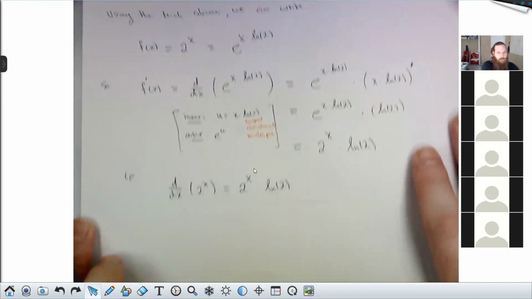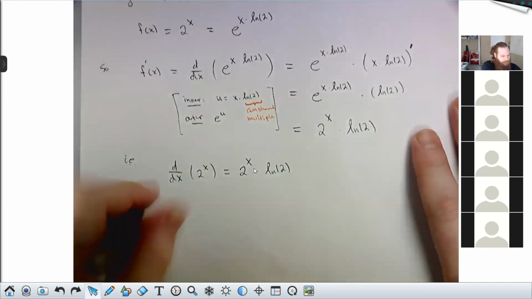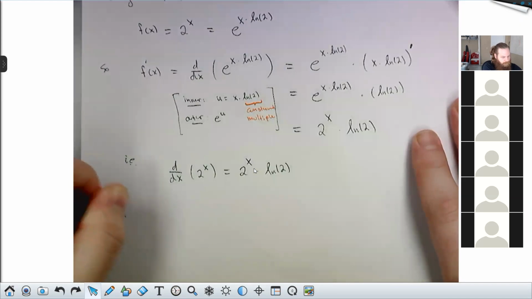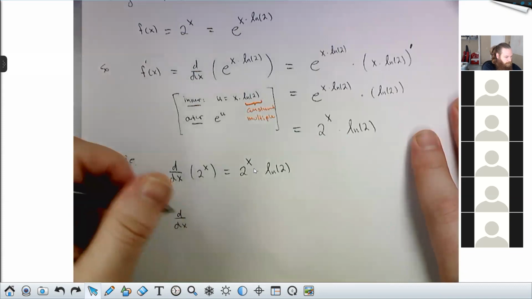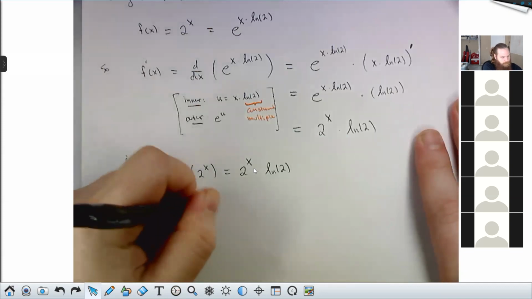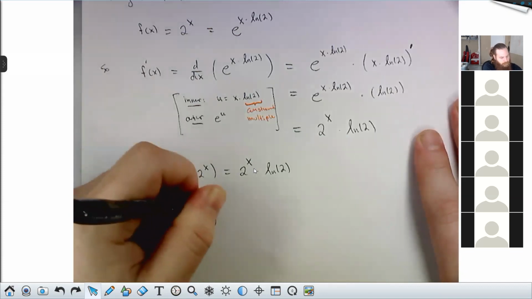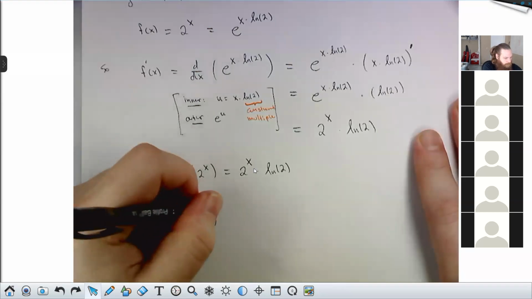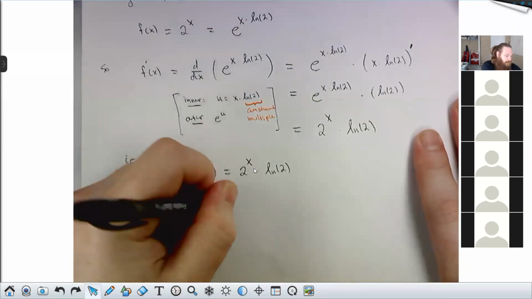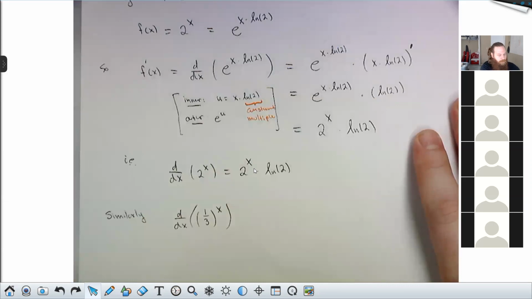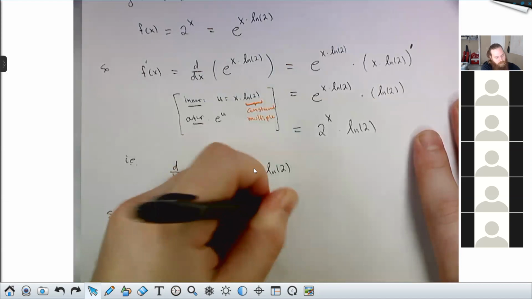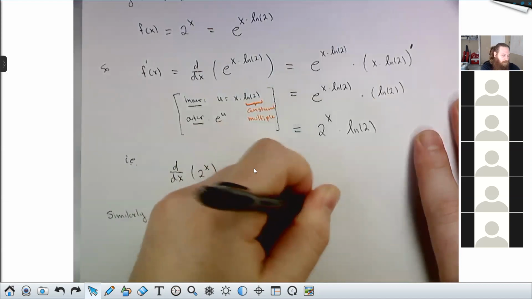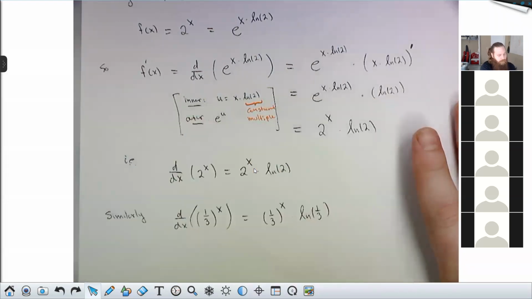So I would say, similarly, the derivative of, what was the other one we had? 1/3 to the x. If you want to differentiate the base 1/3 exponential function, you'll just get 1/3 to the x times the natural log of 1/3. And you can check that this works with e to the x too.